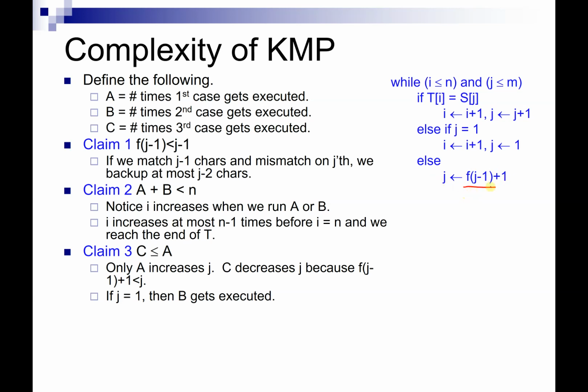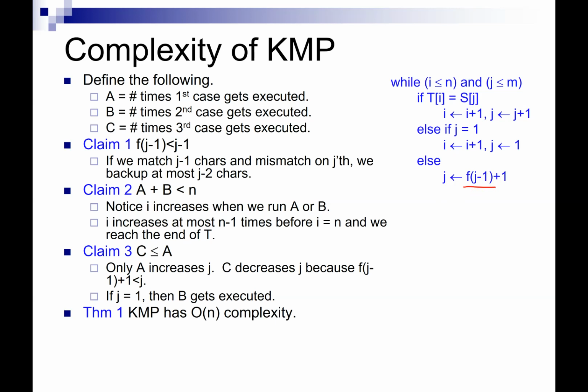So whenever you run the third case, you're actually going to decrease j, and only the first case can increase j. And if j equals 1, then we're just going to execute case B. Therefore, the number of times that you increase j in case A has to be at least as many as the number of times you decrease j in case C. So C is less than or equal to A.